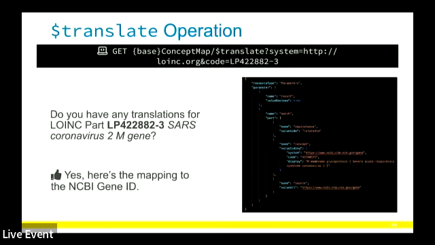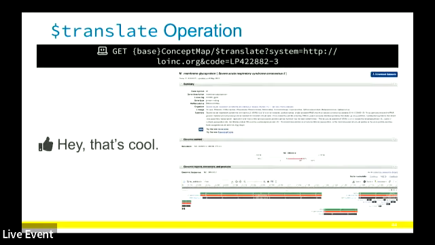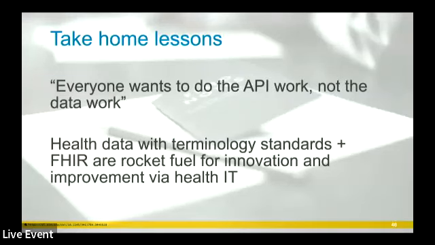I've got a mapping to the NCBI gene ID for the SARS-CoV-2 M gene, which is pretty cool, because then you could jump from that ID to other knowledge information that might be available about those codes. For example, data sets or the actual sequence for the M gene and so forth. So the translation operation is what helps you navigate across different terminologies and really grab some of the key knowledge that's been done by the authors of those terminologies.